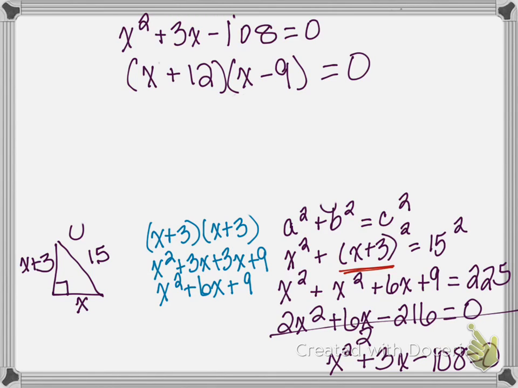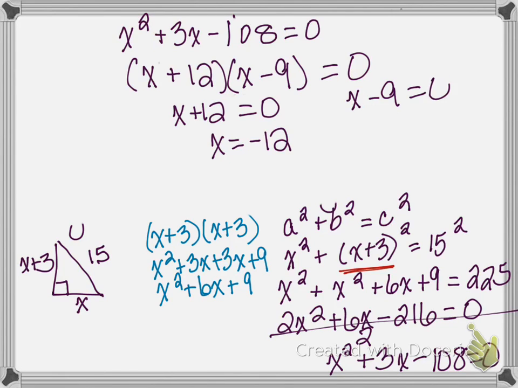Now, when I have x plus 12 equals 0, what do I end up with? I end up with a negative number. So do I have to throw that out? Yes. So I'm throwing this out. So x is 9. The x plus 3 is 12.